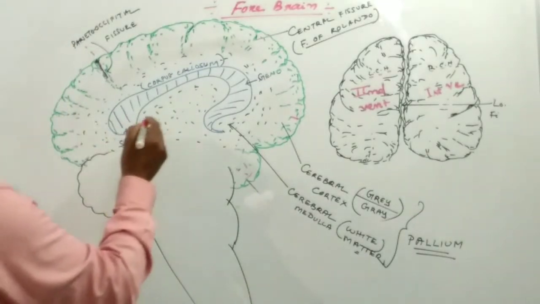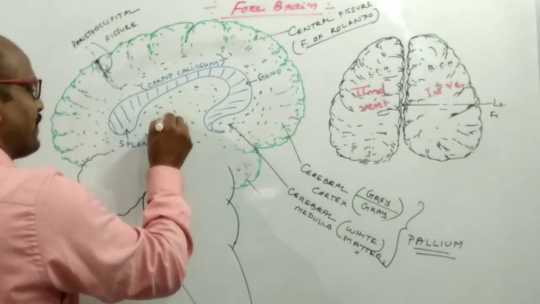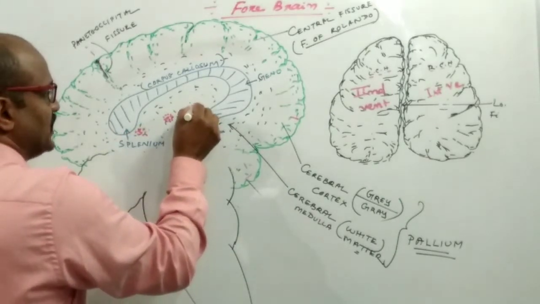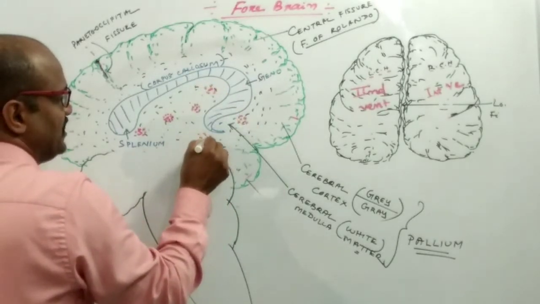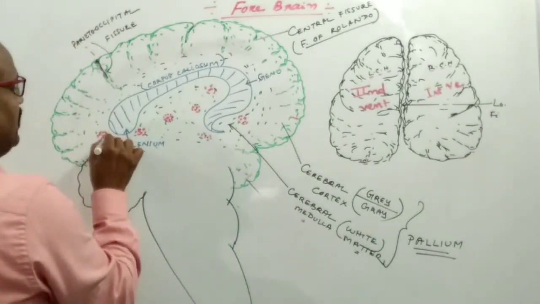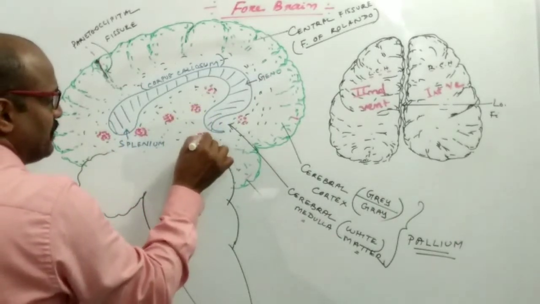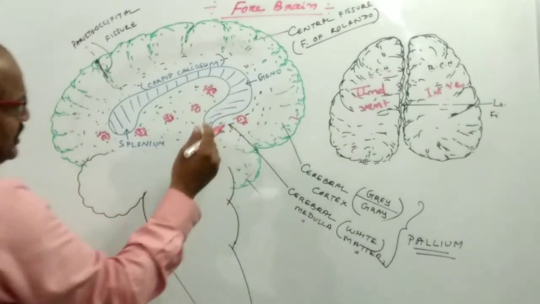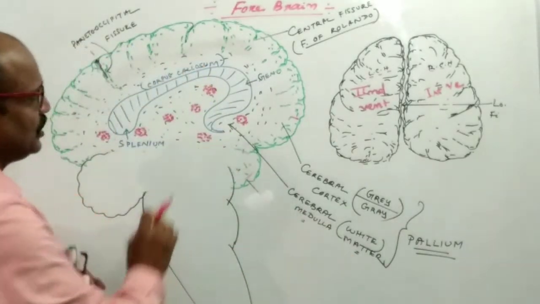So some of the gray matter is also present in the deep region of cerebral medulla. Isolated patch-like structures are present in the deep region of white matter, and these are known as the nuclei.